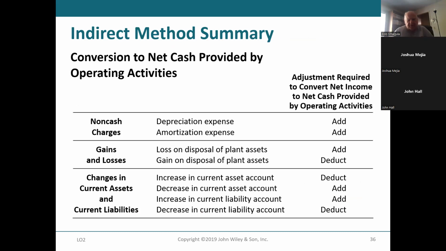These are the non-cash types of things. The changes in assets and current liabilities, those are the rules right there. So you've got 8 things. I don't want you to memorize them, just understand them so you can apply them as needed.